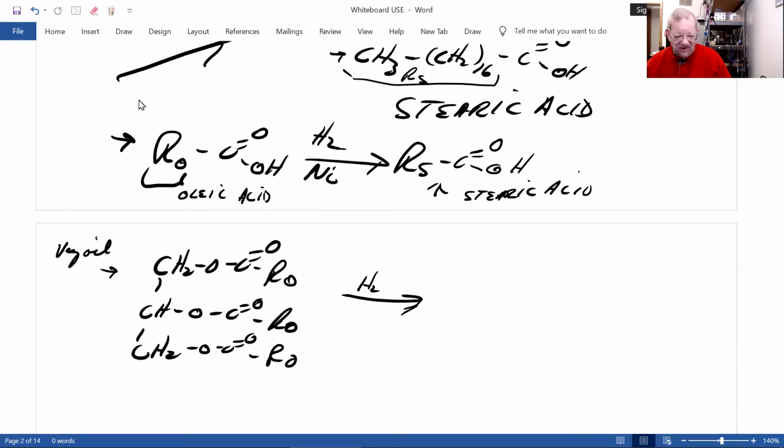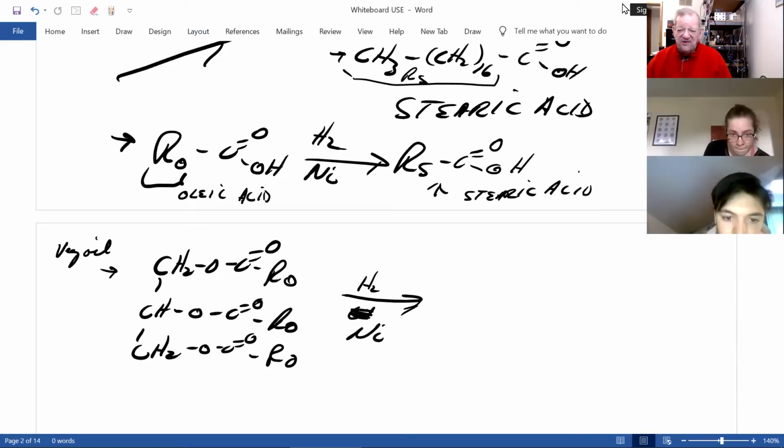And I treat it with hydrogen and a catalyst, say, let's put down nickel. What would be the product of that reaction? 3 points each. Your turn.